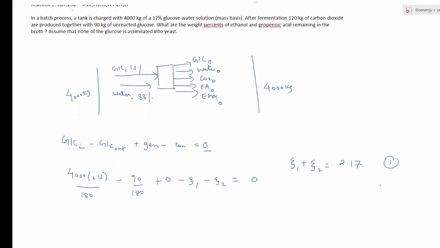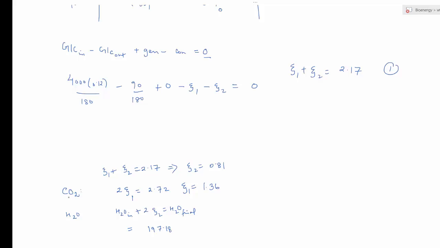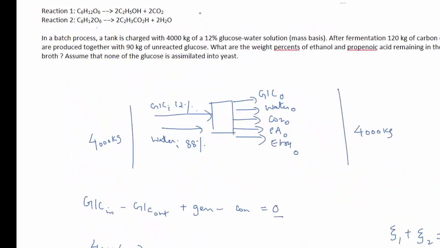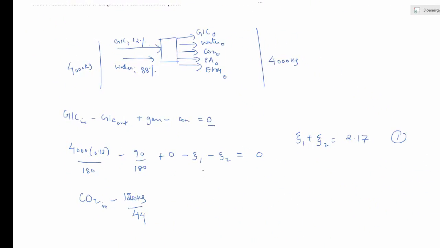So similarly, you can now list the second, and the third, and the fourth equation. The second equation I've got is for carbon dioxide. There is nothing coming in, but it's actually going out as 120 kilograms, and the molar mass of carbon dioxide is 44. And it's generated from the first reaction here. We wrote it here, and we said that the first reaction, ξ1 moles react. That means 2 times the ξ1 moles of carbon dioxide must have been formed, and nothing is being consumed.